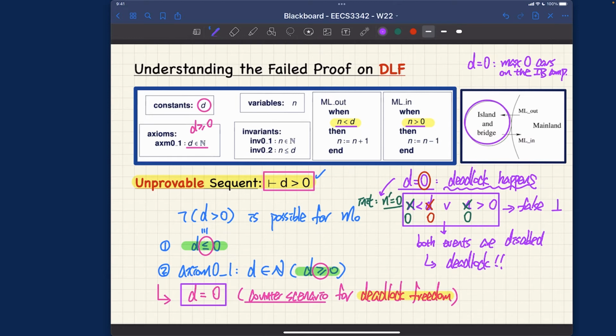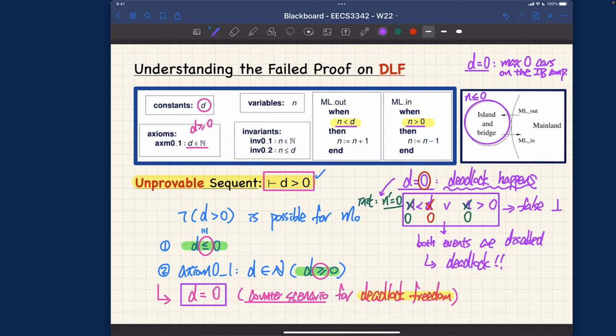We are saying that the maximum value is D, so any number of cars you have will be less than or equal to D. That's one of the invariants, remember? To be more precise, it should be less than or equal to 0. That's the consequence of having this special value for the maximum.